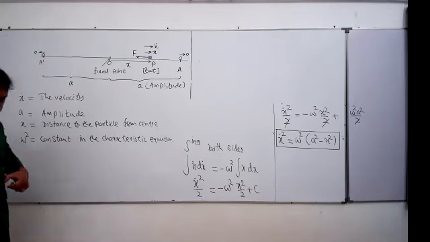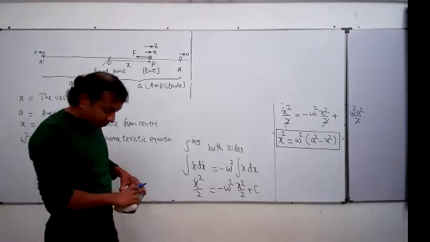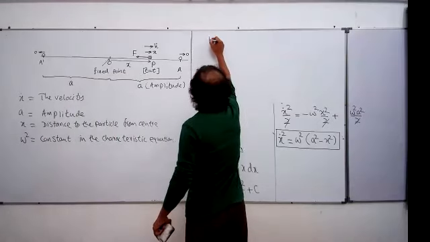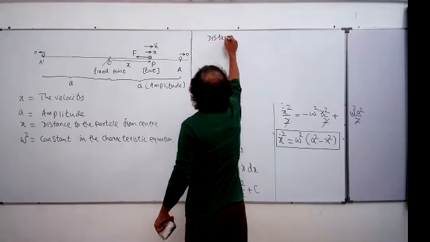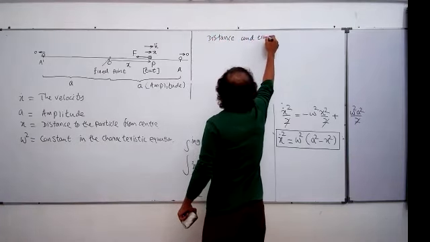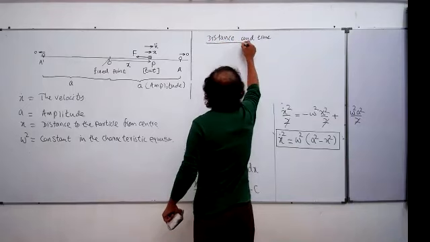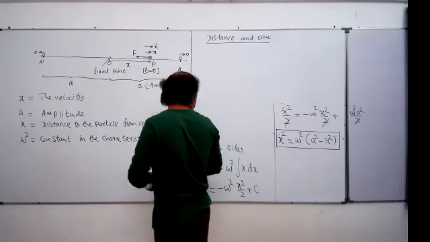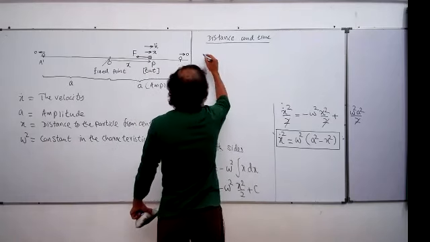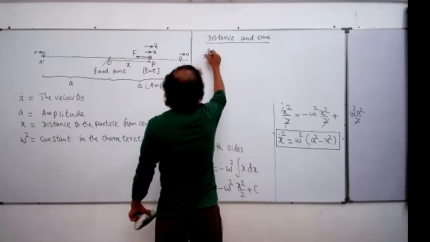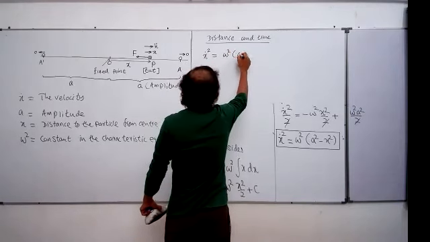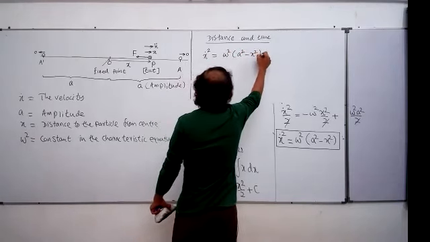The relation between distance and time. x dot squared is equal to omega squared times A squared minus x squared.